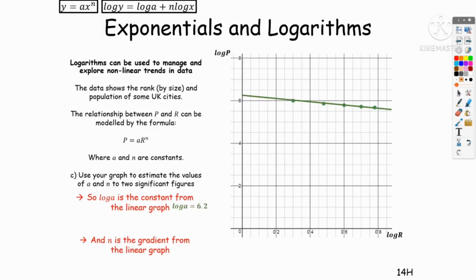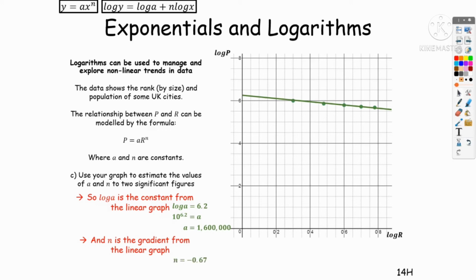So log of A is 6.2, so 10 to the 6.2 equals A, so A is equal to 1,600,000, or 1.6 times 10 to the 6 if you want it in standard form, which is also fine.